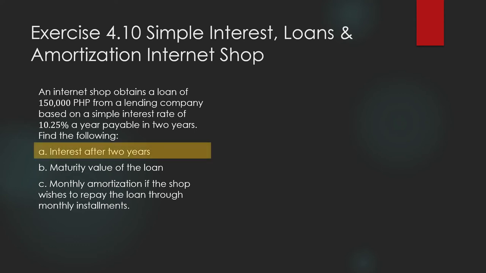Let us find the interest after 2 years. Again, these are our working equations for simple interest. I is equal to P times R times T. The maturity value of a loan, we can compute in this way: P plus I, the principal plus the interest, or the quantity 1 plus R times T, times the principal.